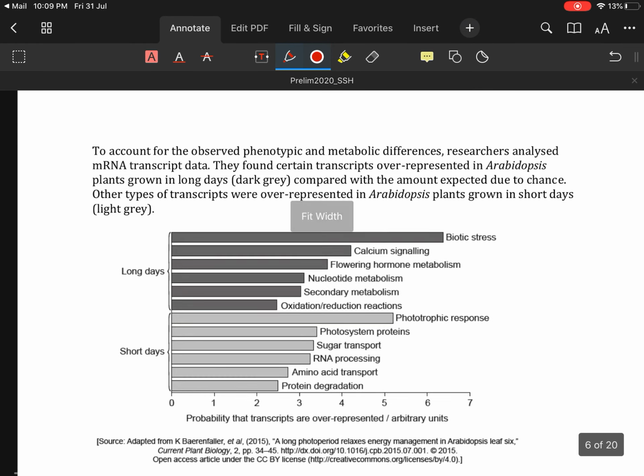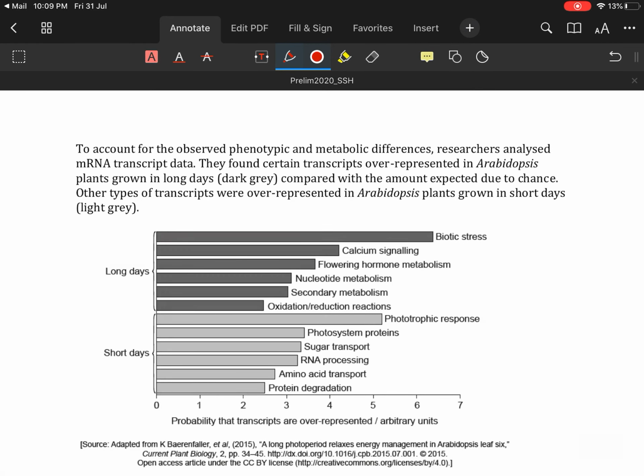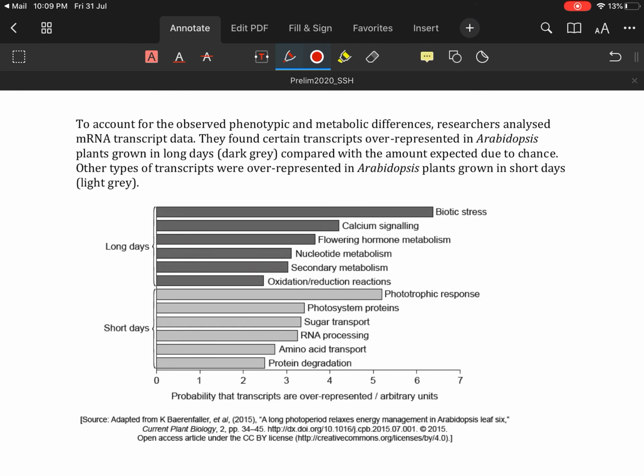Look at the next part of this question. To account for observed phenotypic metabolic differences, researchers analyzed the messenger RNA transcribed data, and they found some data was overrepresented during the long day compared with that during short days.